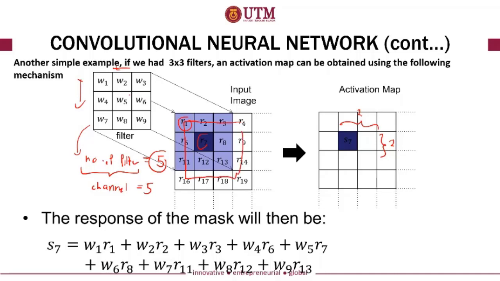You cannot proceed at this point, because it will be out of the boundary. That's why if you have a filter with 3 times 3, you start here, because that makes sure that everything fits at this point.